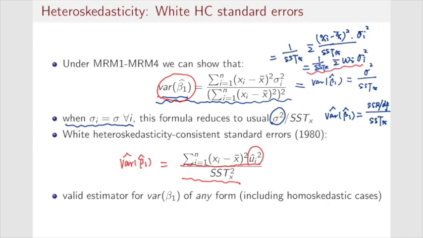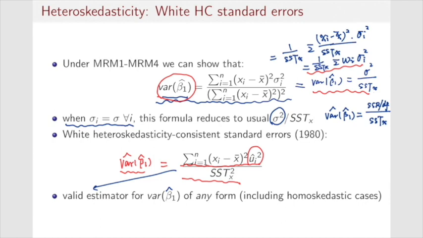If we compare these two variances, we are kind of reweighting the sigma i square under heteroscedasticity. So similarly, to estimate this beta 1 hat, we also need to reweight the residual squares. Also notice that this formula is a valid estimator for beta 1 hat of any form.